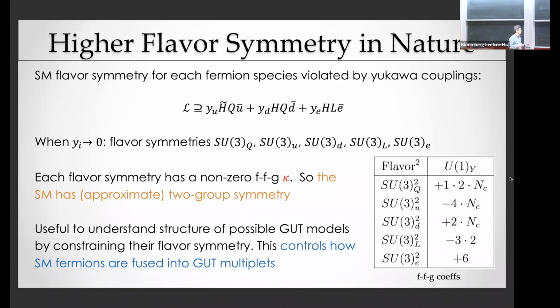And this will be useful to understand the possible structure of GUT models by constraining their flavor symmetries. And as I have emphasized, since we're talking about weakly coupled GUT models, this is about telling us which standard model fermions can, in principle, be fused into GUT multiplets.